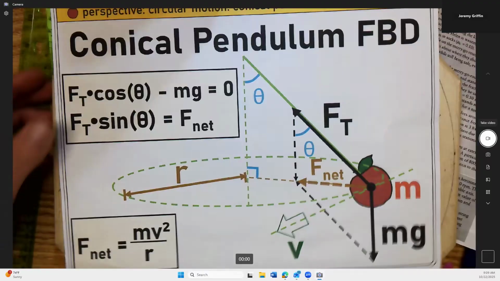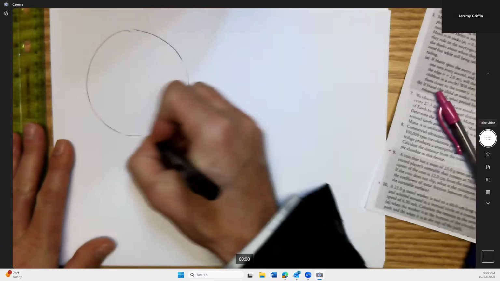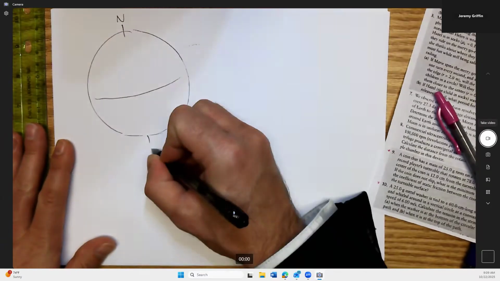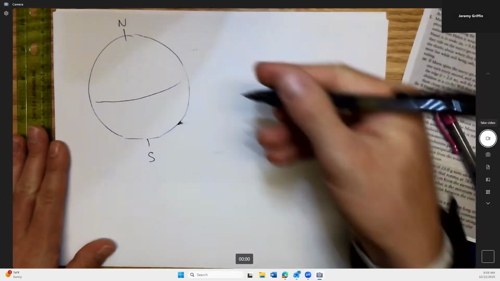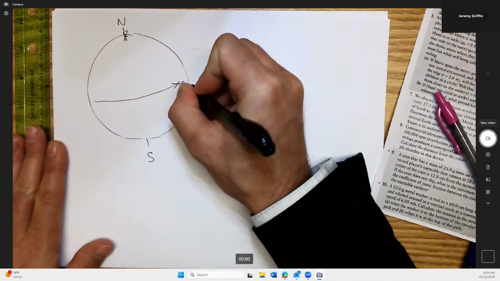So, guys, there were a couple of questions there that I do want to solve with you. One of them is the question about your weight on the equator. You guys write in your notes. Let's solve what is your weight at the equator compared to at the pole. So we got a guy standing here, a guy standing here.